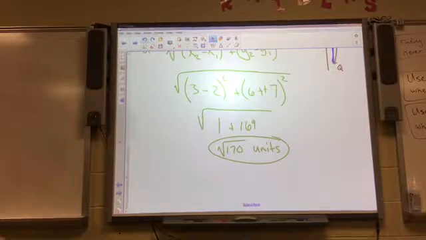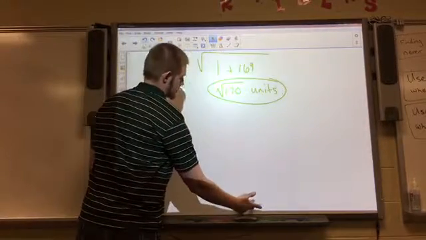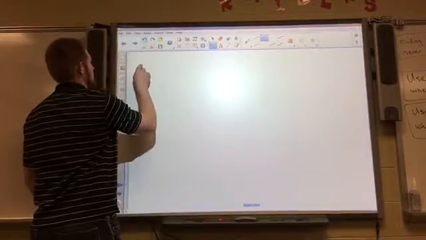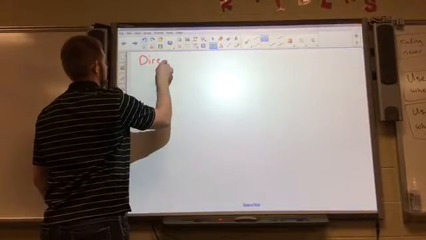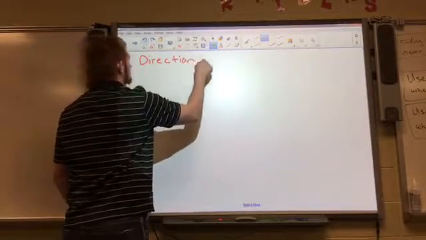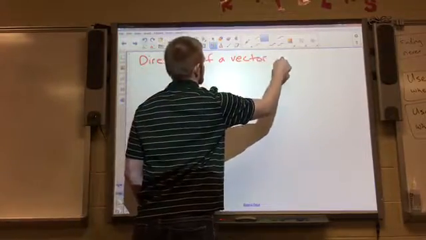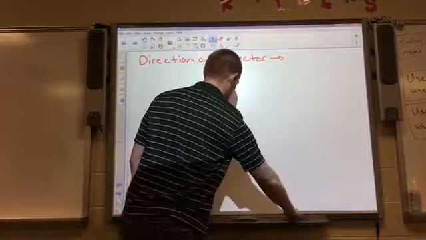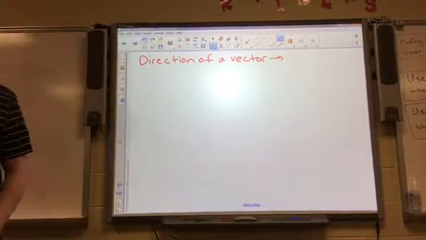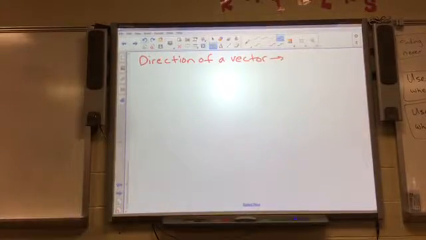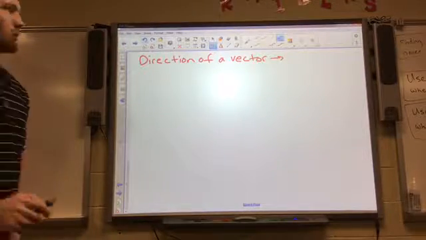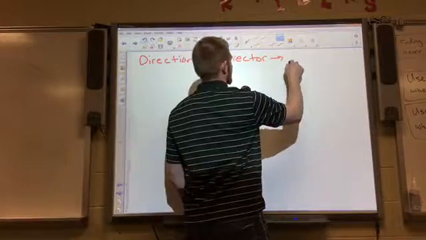Okay, the next thing, and probably the most confusing part of the lesson, is direction of a vector. Okay, your direction is determined by the angle it makes with a horizontal line.